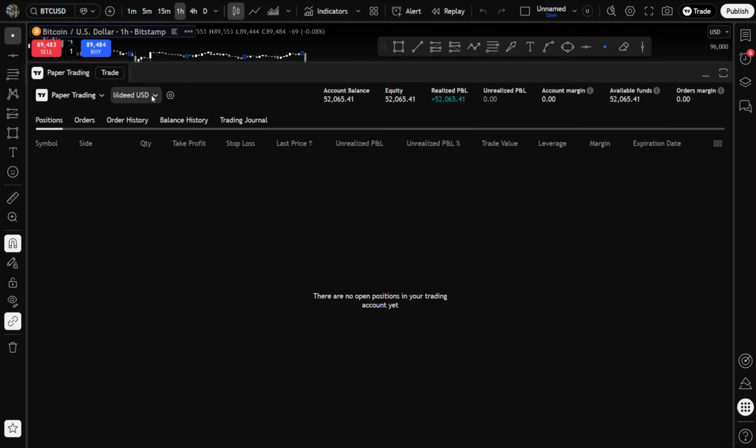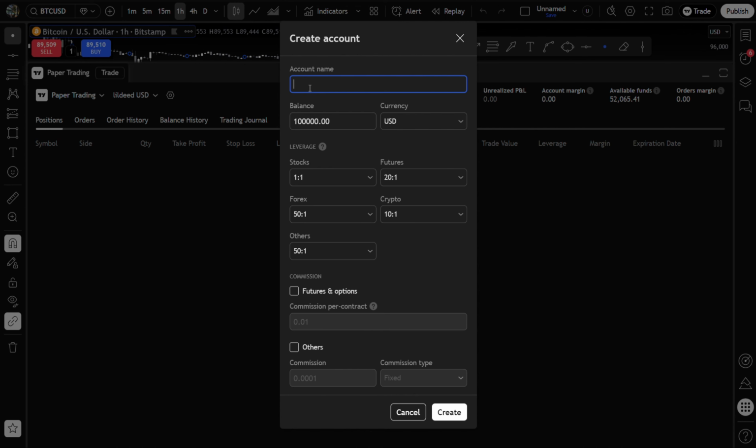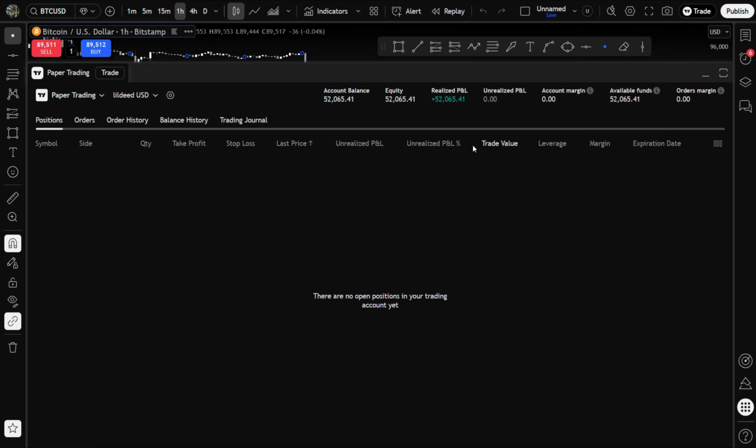To set up a paper trading account, just click the icon here next to the cog, this drop-down menu, go to create an account, and you can name it whatever you want to name it. Choose the leverage, choose the balance, choose the currency, and you'll have a paper trading account available for you. So when placing trades, you'll mainly be using two order types.